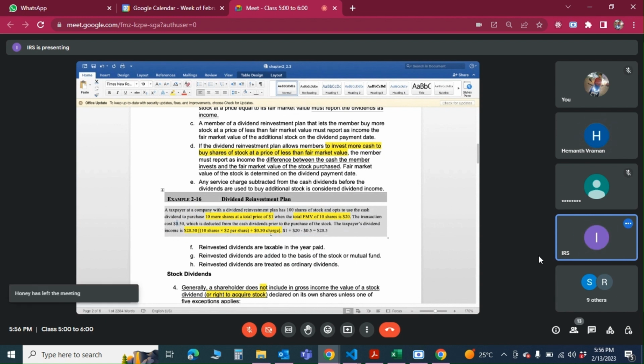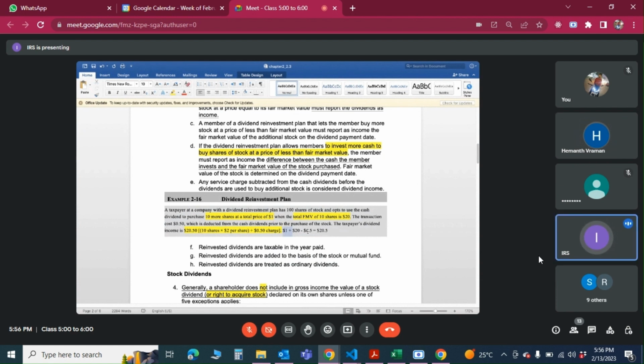So 10 shares times 2 comes to 20.50, because that 50 cents is something they are paying.